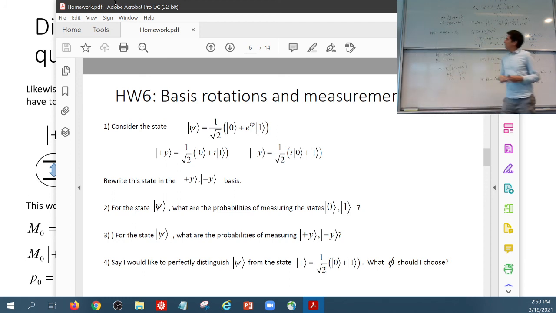If psi is A0 plus B1, then the state which is orthogonal to psi is always B star 0 minus A star 1. And that always satisfies that inner product equal to 0. So that appeared somewhere in the slides too. So I could equally use that formula because, yeah.